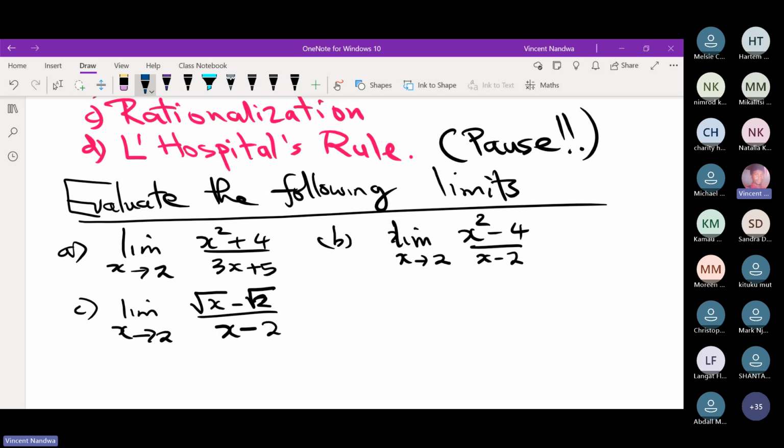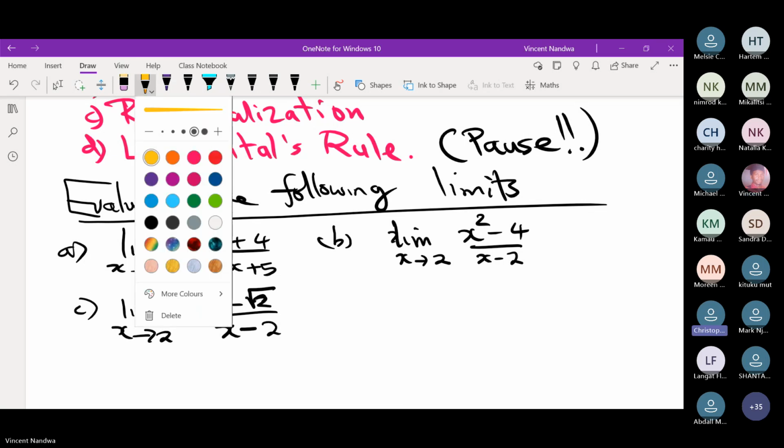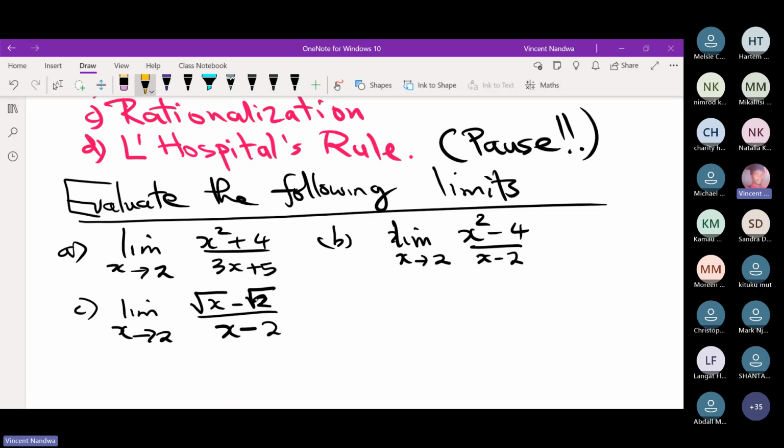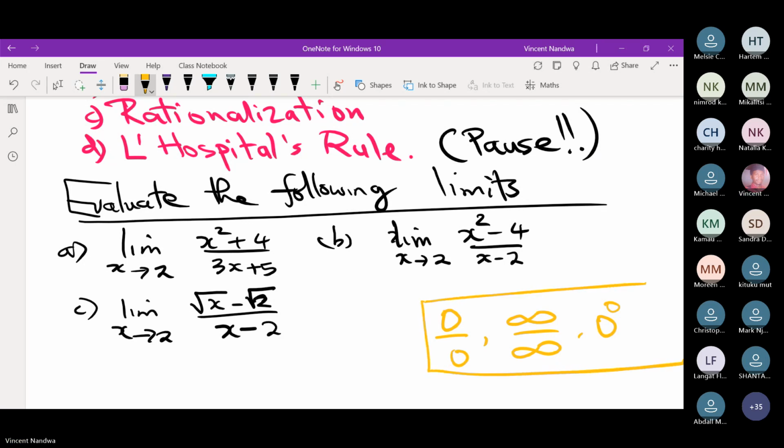And if after substituting you don't get indeterminate forms like 0 over 0, or infinity over infinity, or 0 power 0, then direct substitution works for that given limit.